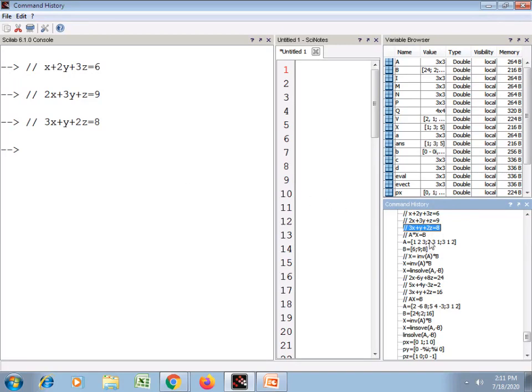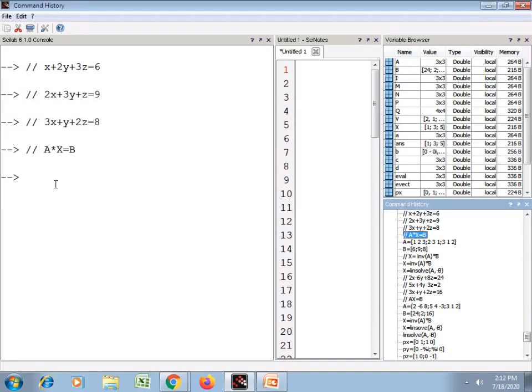Again, these three equations can be written in the form of matrix equation: A into X equal to B, where A is the 3 by 3 matrix, since there are three equations and three variables, X is a column matrix having elements x, y, and z, and B is a column matrix having elements 6, 9, and 8, that is the right hand side of the equations.